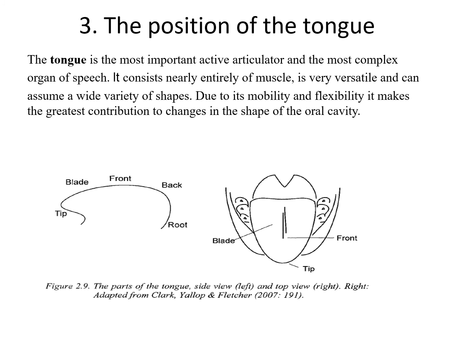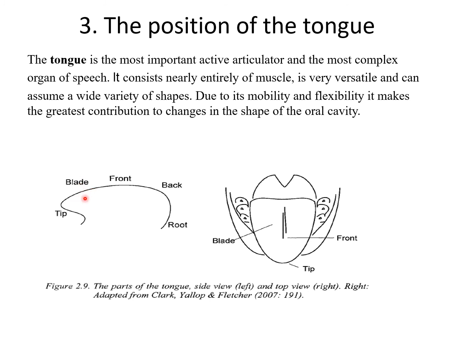Here you can see this is our tongue in our mouth. This is the tip of the tongue, the frontal part of the tongue. Above the tip of the tongue there is a blade, a rough surface of the tongue.